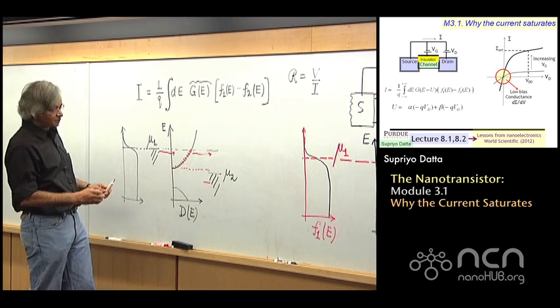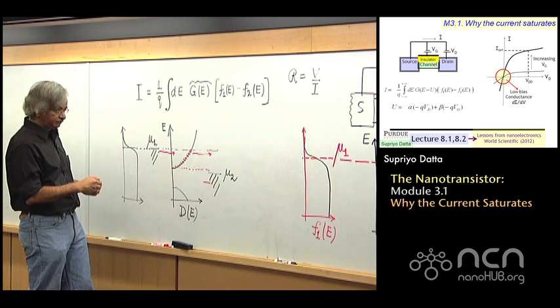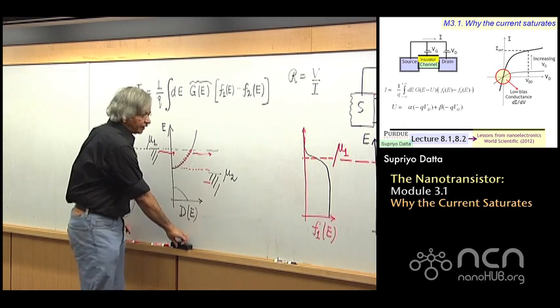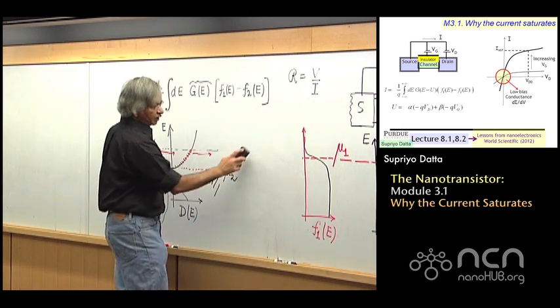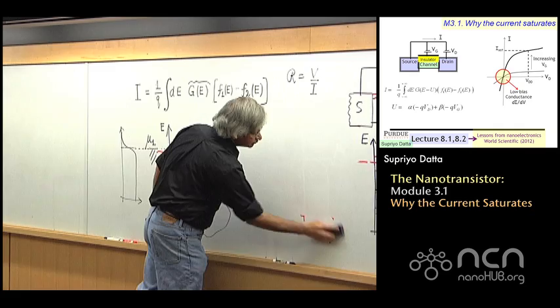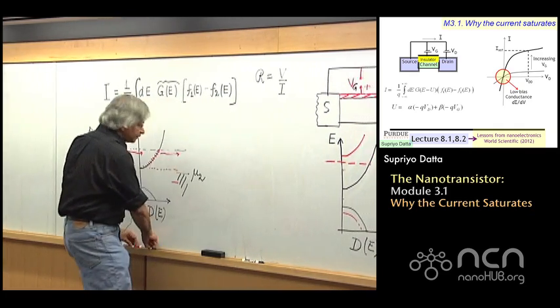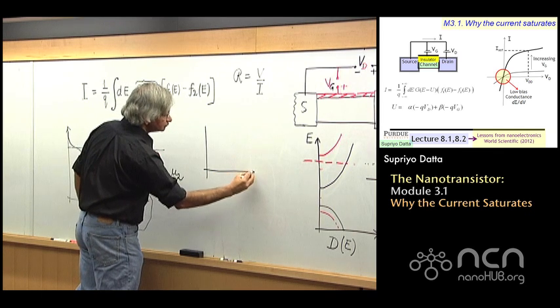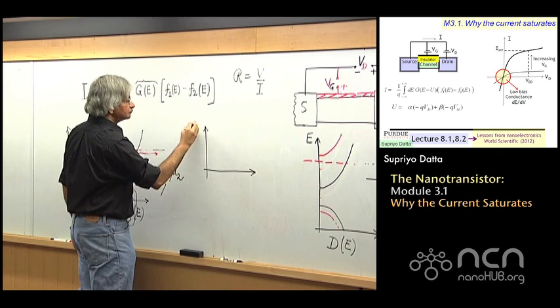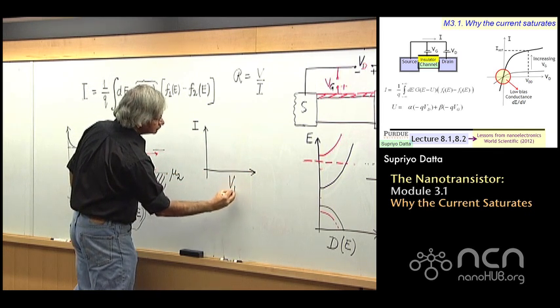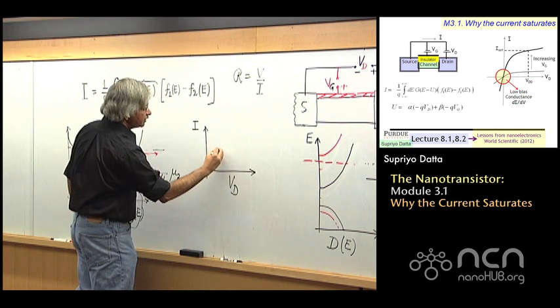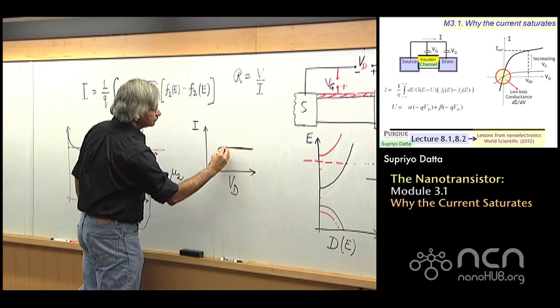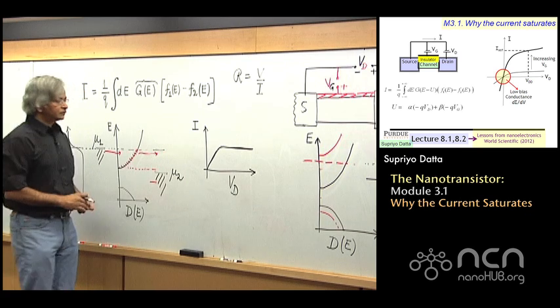And so what you might expect, if this was the whole story, is that current versus voltage would look like this, to increase and then just level off. Why?